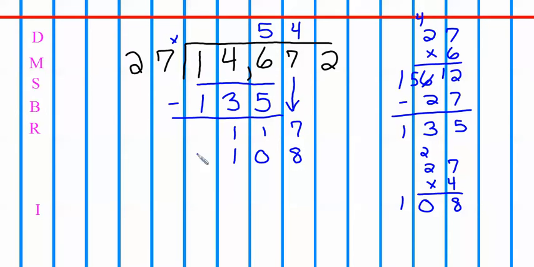Again, we need to subtract. 117 minus 108. Now that we've subtracted, we need to bring down the next number in the dividend, which is 2.